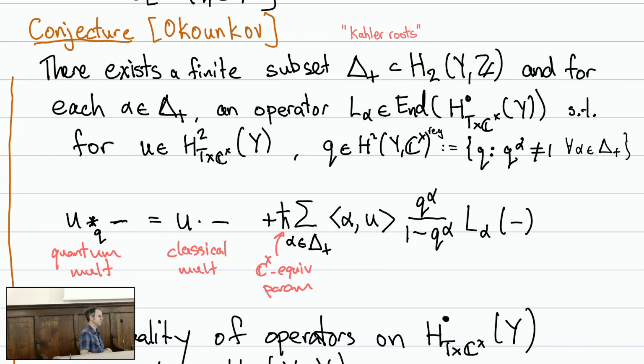So for example, the cotangent bundle of G mod B admits a deformation to G mod T, a regular semisimple conjugacy class in the Lie algebra.